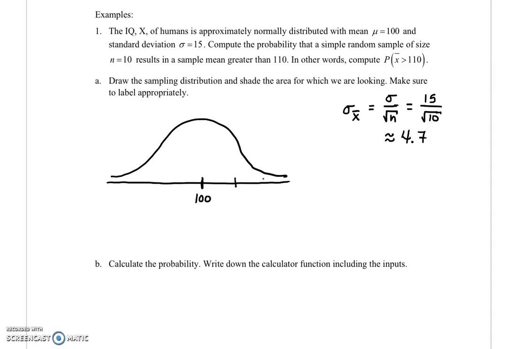Now remember, if we need to label our standard deviations, we add 4.7 going to the right from the mean, and we subtract 4.7 going to the left from the mean. So if we do that, we get 104.7.